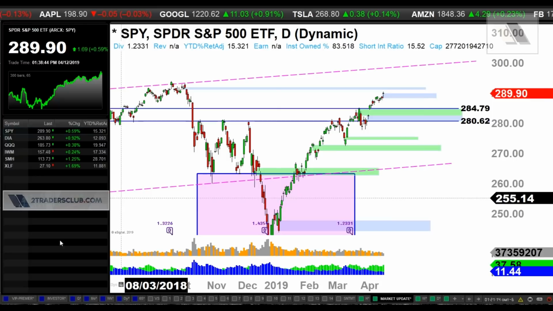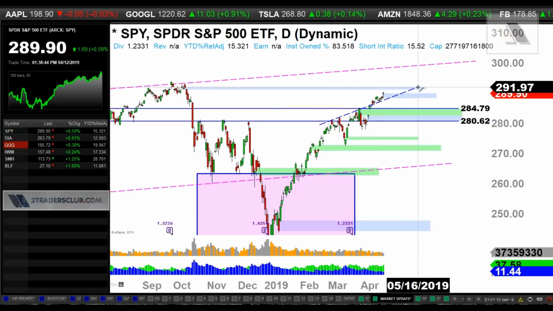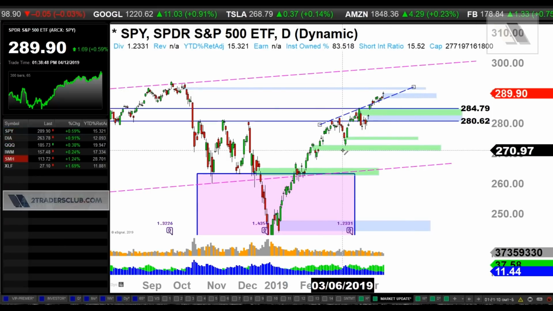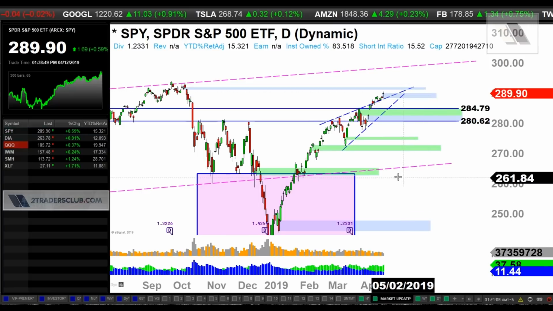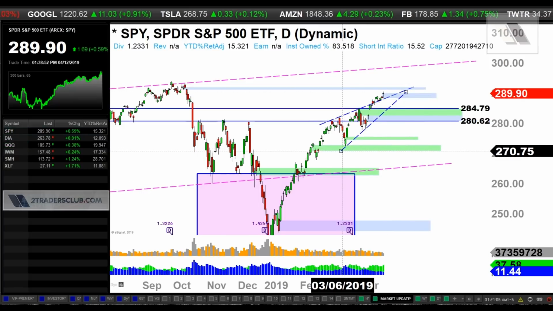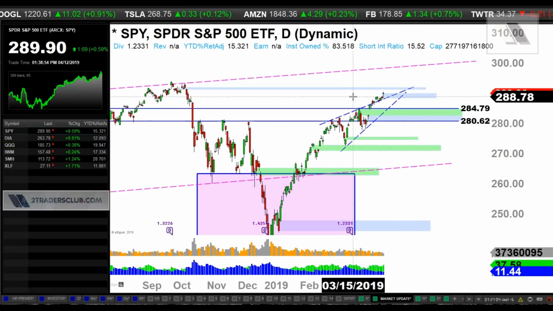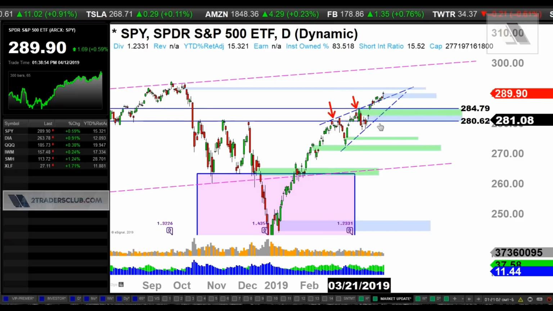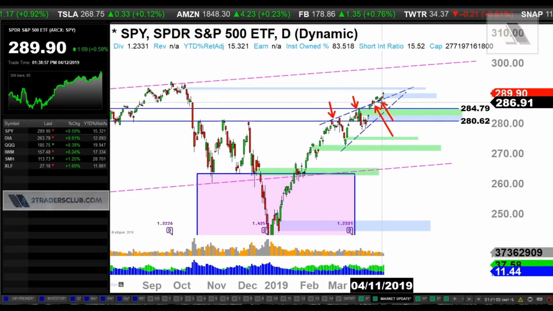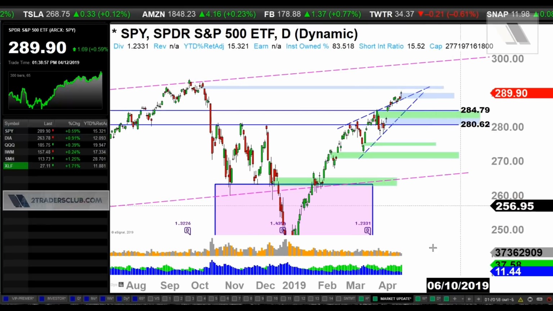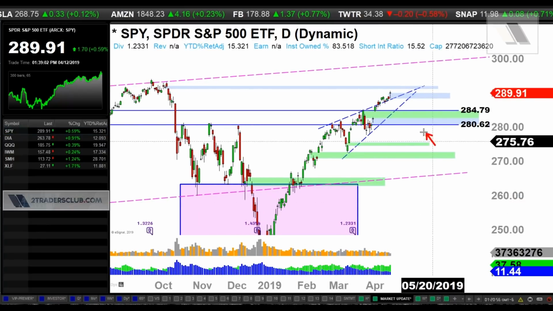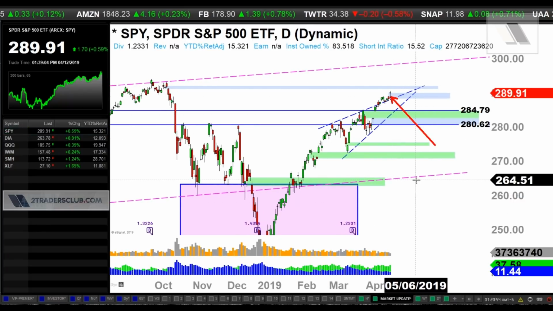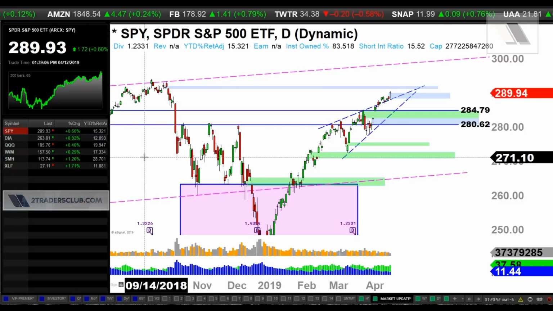We've also been tracking that rising wedge formation, with all resistance becoming new support, and we saw another gap up today, holding up so far.